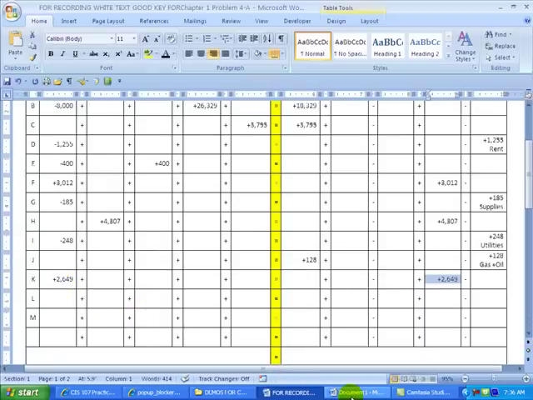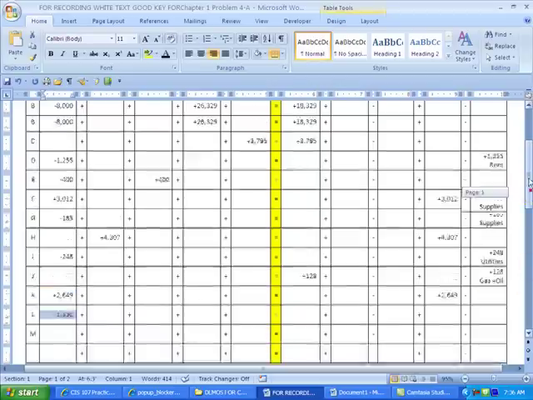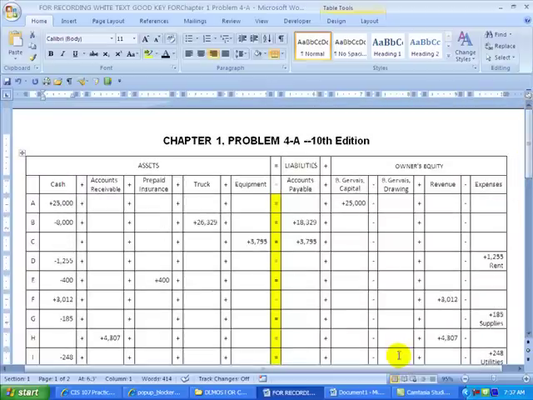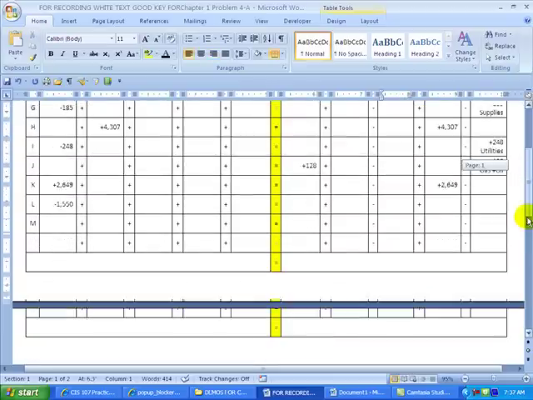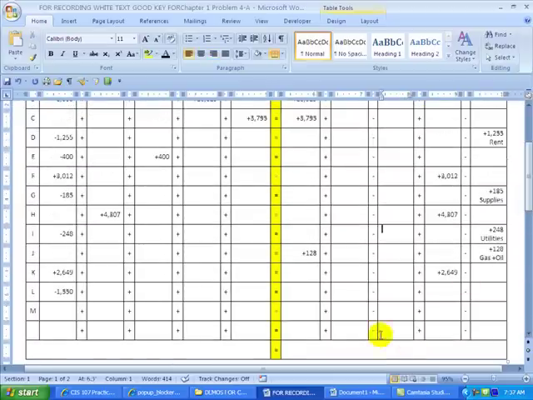Looking at L, the owner withdrew cash for personal use. They wrote a check. So in L, we're writing a check and our cash is going down. Now also in this case, the owner is taking out something for personal use. And when the owner takes out something for personal use, it has to go in the drawing column. So I'm going to go down to that line.